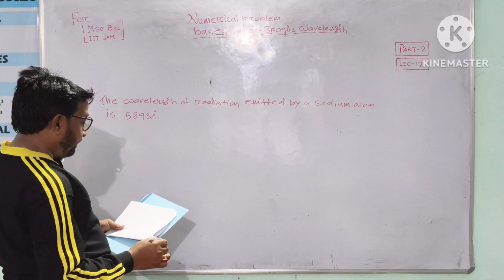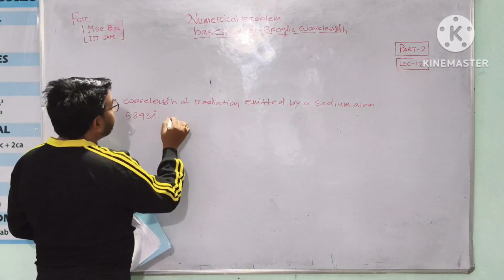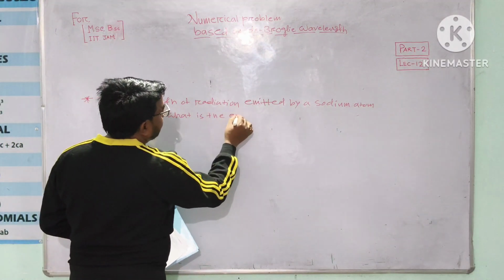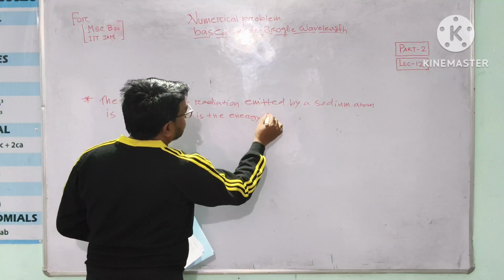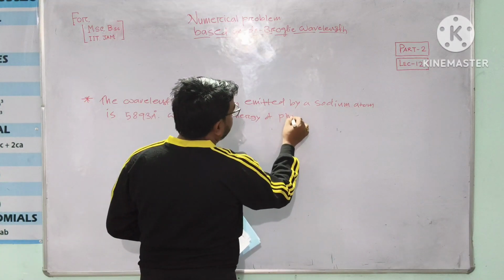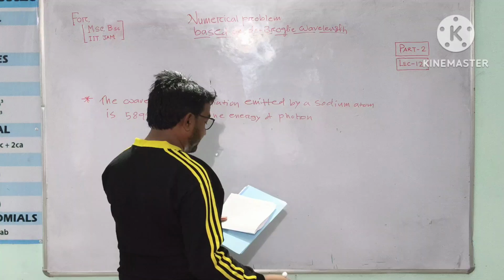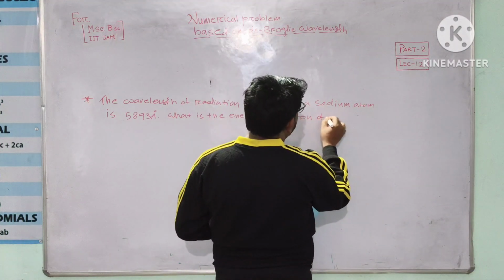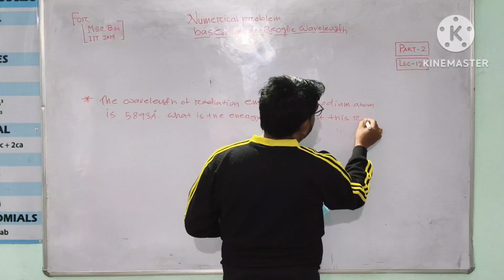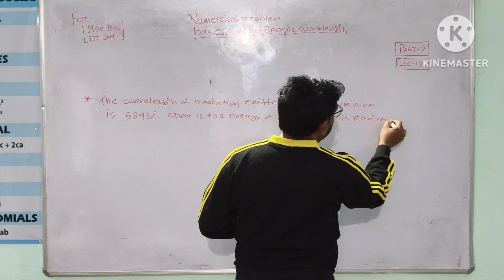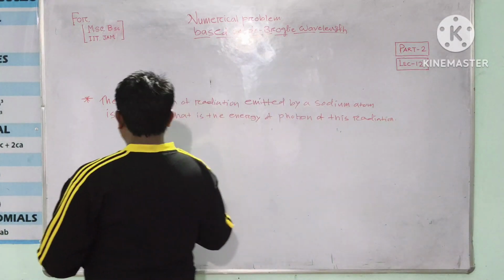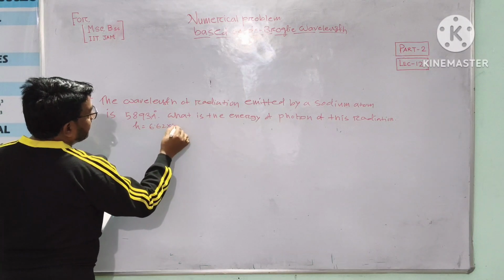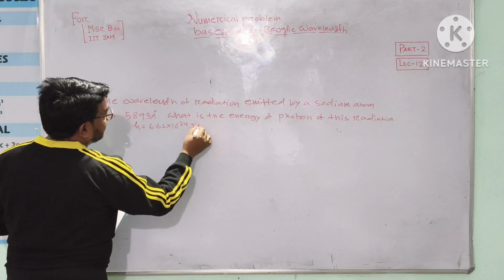Okay, what is the energy of photon of this radiation? And also h equals 6.62 into 10 to the power minus 34 joule second.